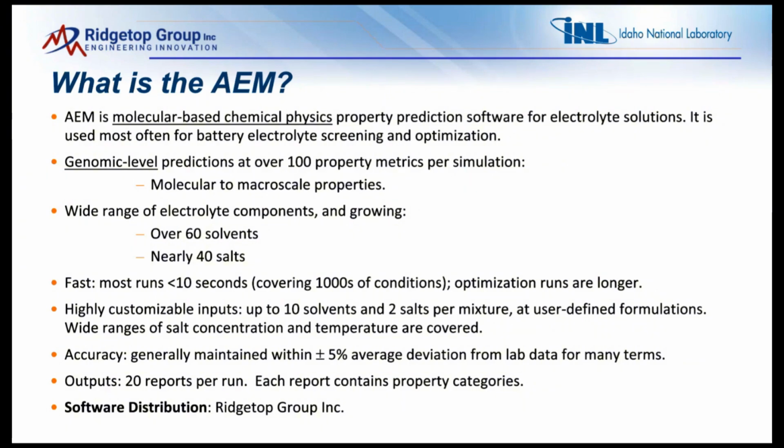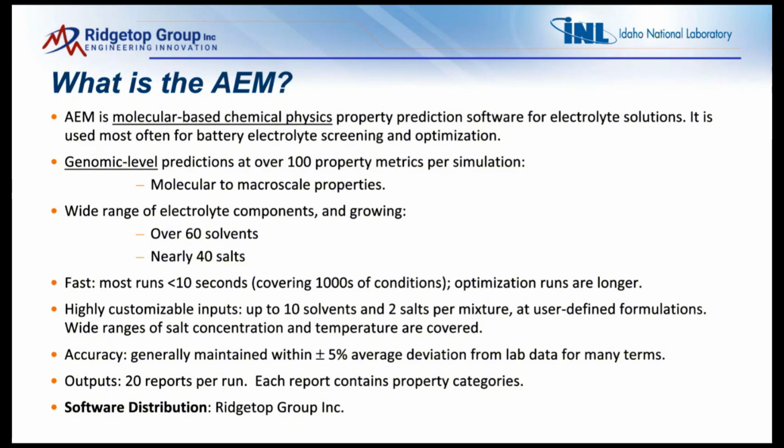Currently, the library has over 60 solvents and about 40 salts. Most typically, the runs take less than 10 seconds. And during this 10 seconds, the model covers thousands of conditions with regard to salt concentration and temperature and solvent formulation.